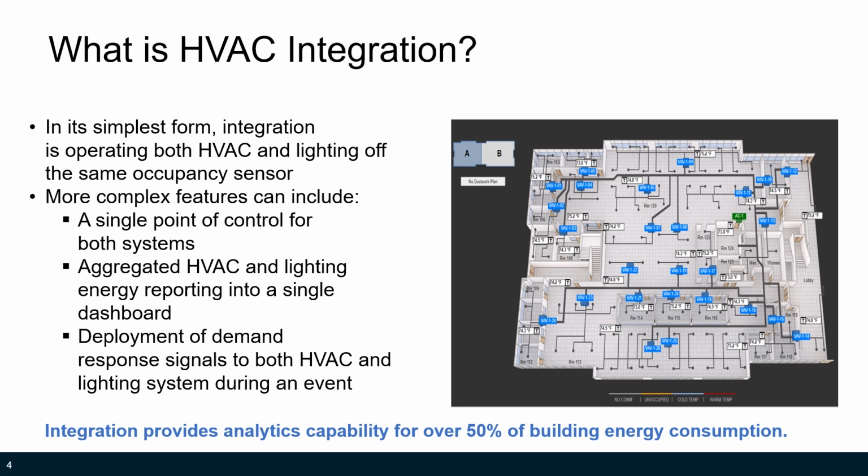With a single point of control for both systems, shared schedules can be implemented, providing synchronized behavior of the light and temperature levels based on predetermined scenes as well as occupancy status. Energy usage for both systems can be aggregated and analyzed from one convenient dashboard, and energy conservation decisions can be made for both systems concurrently, ensuring maximum user comfort and safety.